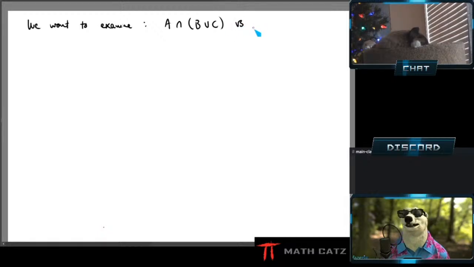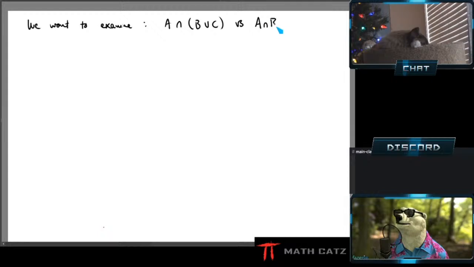Okay, so let's just write down here. Let's say we want to test whether this is true. We want to examine A intersection B union C versus, what was the other one?